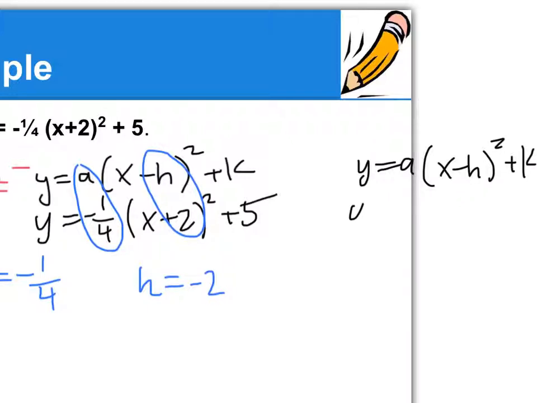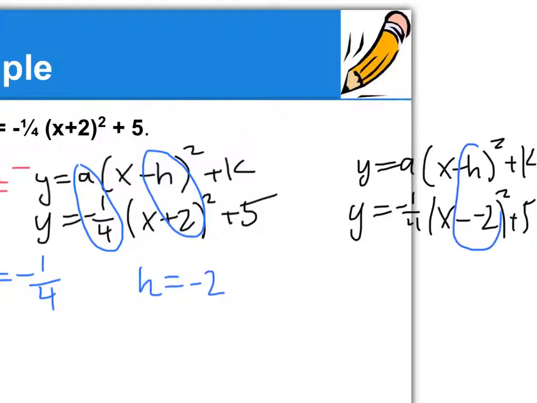And if I wrote y equals negative 1/4 of (x minus negative 2) squared plus 5, now you can see that it's minus h and minus negative 2. Because the minus and minus make a positive is how you get the equation over here. So just be mindful of that. Make sure that you know that it's supposed to be minus h, not plus h. And last one, k equals 5.